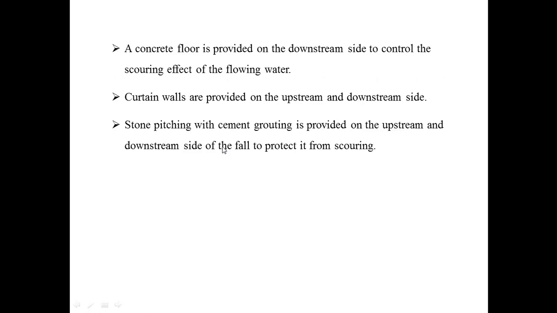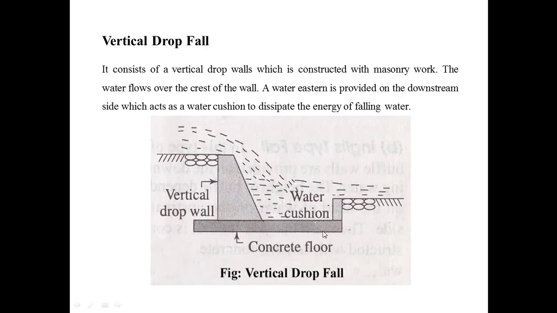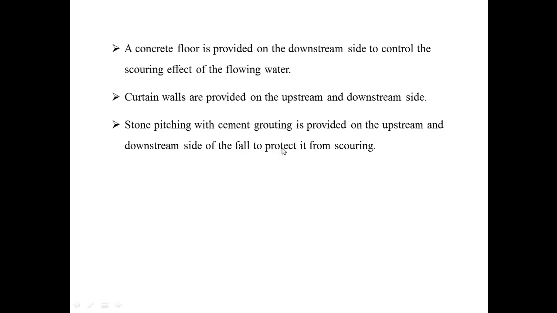A concrete floor is provided on the downstream side to control the scouring effect of the flowing water. As you can see in the figure, the concrete floor is provided on the downstream side. Curtain walls are provided on the upstream and downstream side.